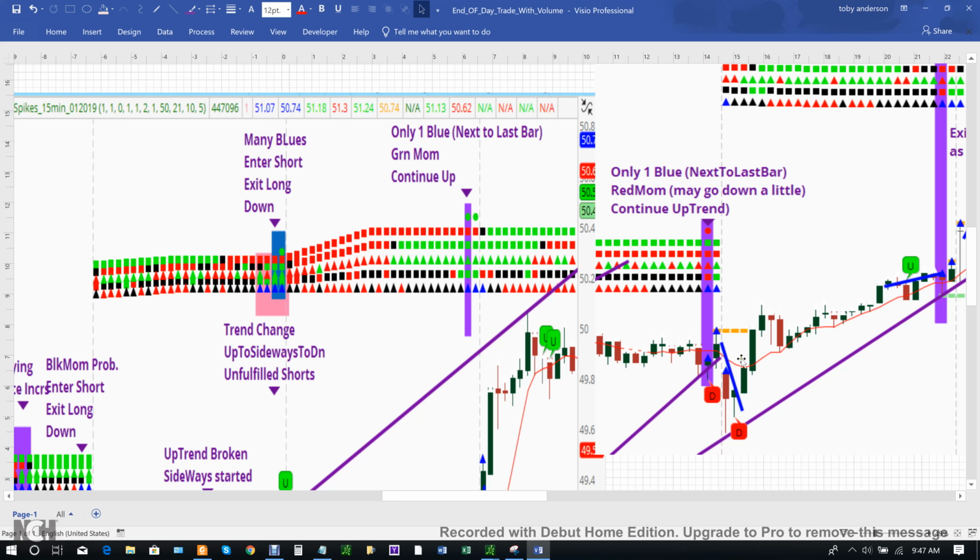So it does go down short-term. It continues down short-term, but then it goes back to the long-term trend. So basically, if you have this situation, one blue candle, blue triangle, at the end of the next to last bar of the day, you want to continue the long-term trend, which is up.